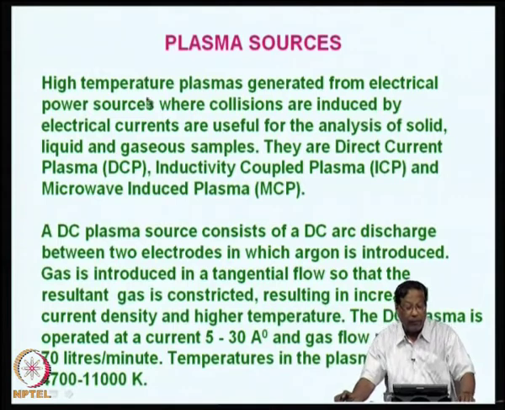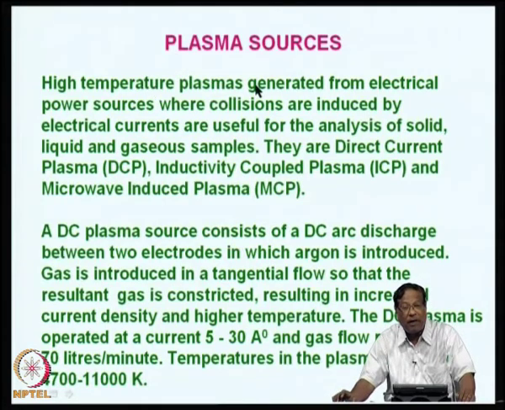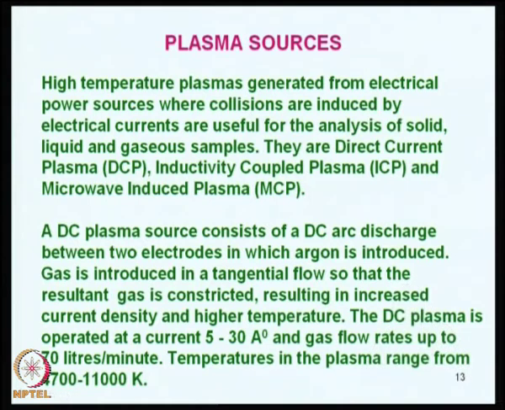So, we can take a look at the plasma sources. How do we generate plasmas? High temperature plasmas are generated from electrical power sources, where collisions are induced by electrical currents, and such high temperature plasmas are useful for the analysis of solids, liquids and gaseous samples as usual.